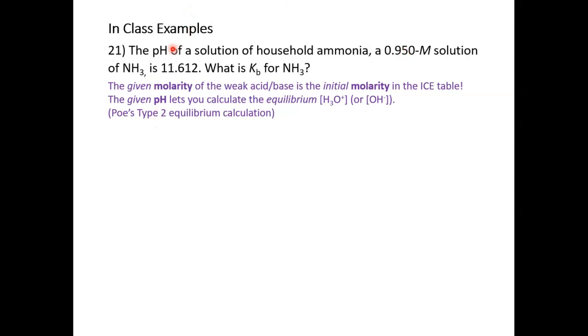The pH will give us the equilibrium amount of what? It technically gives the hydronium, but we can use that information to also get hydroxide, and that's what we need here.